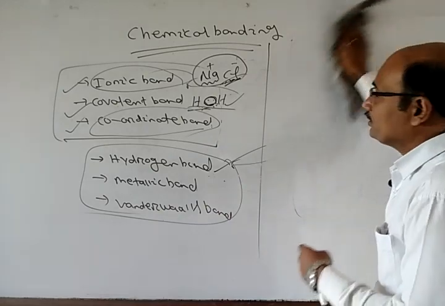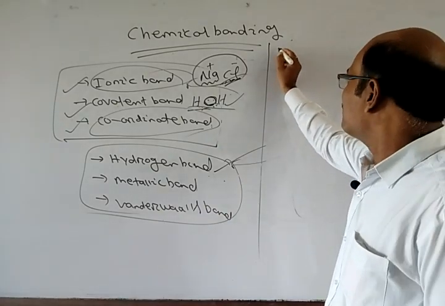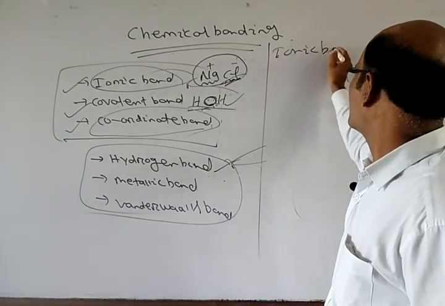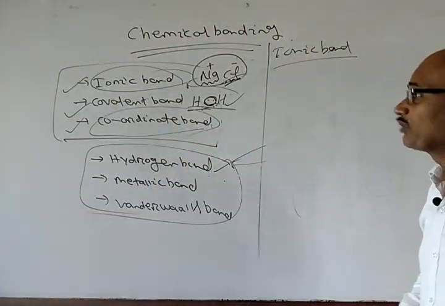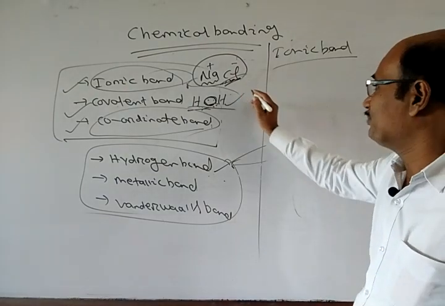Now see, if we think about this ionic bond again, already we discussed that ionic bonds are formed by the complete transfer of electrons from one atom to another. So we have already taken the example NaCl.